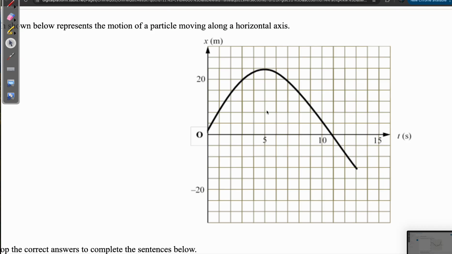We learned that when the curve is concave down, the point where it's at rest is at the top or at the peak. This means it's at rest. So it is when t is 5.